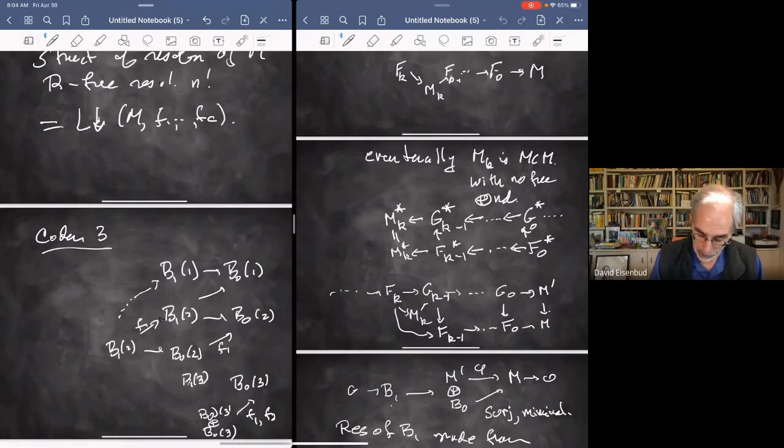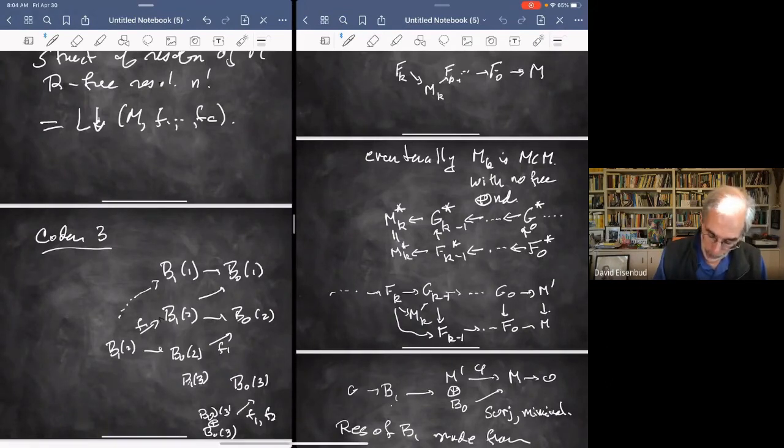And this goes on as a Koszul complex. Before, this was the Koszul complex on one generator tensored with B1 to B2.